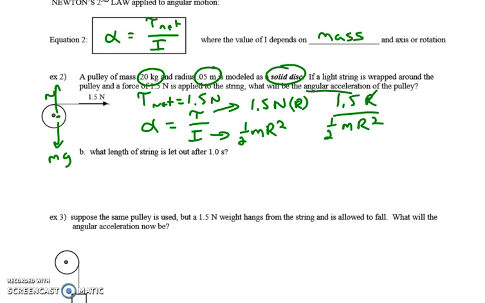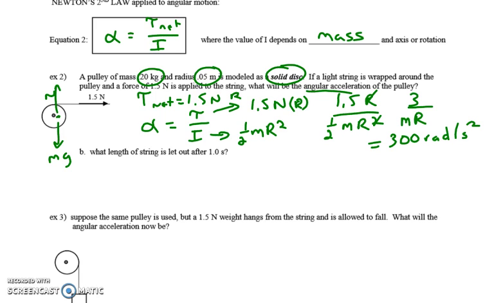We see that one of the r's cancels out, the 1/2 comes up on top, and we have 3 all over m times r. If you plug in the numbers for that, you will get 300 radians per second squared. So again, tau net is 1.5 newtons times r, and the moment of inertia is based on the shape, which was 1/2 mr squared.